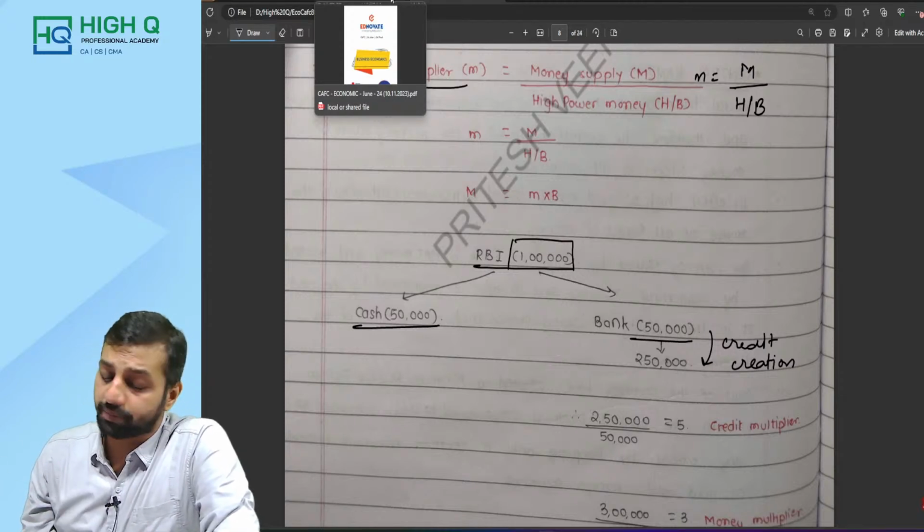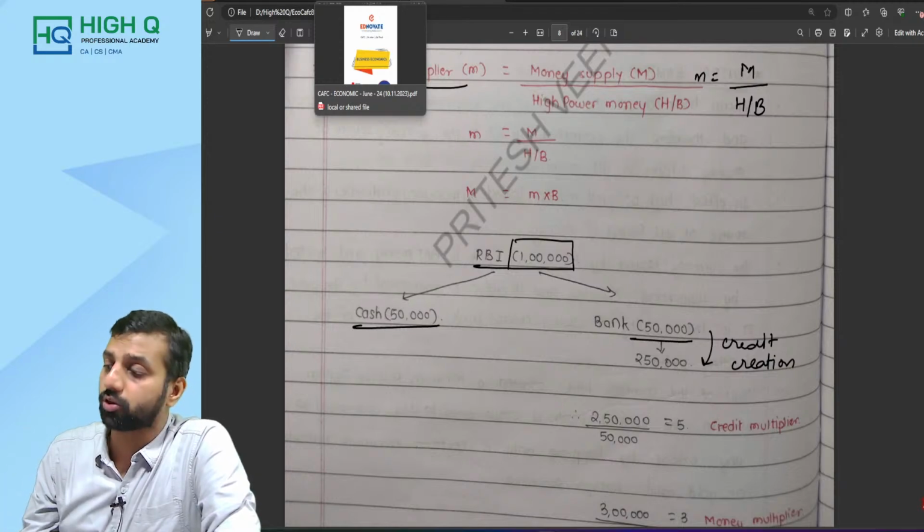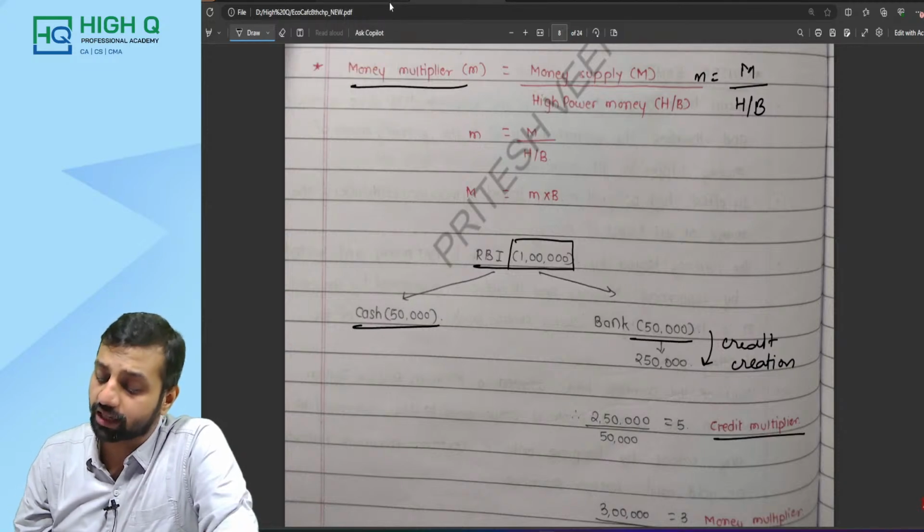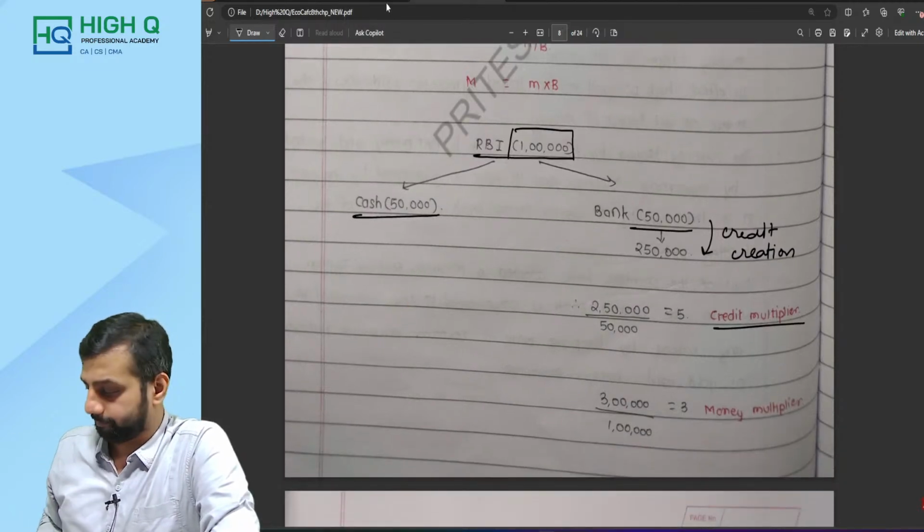So the credit multiplier is credit created upon the money given to banks. Credit created is 2,50,000.